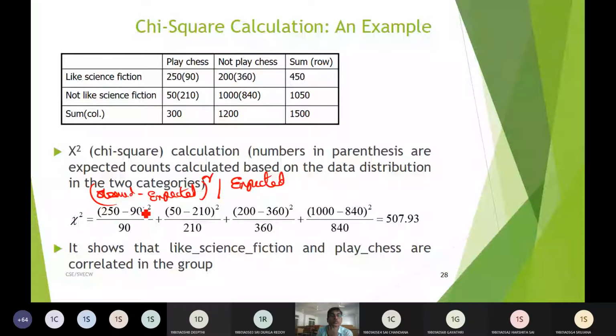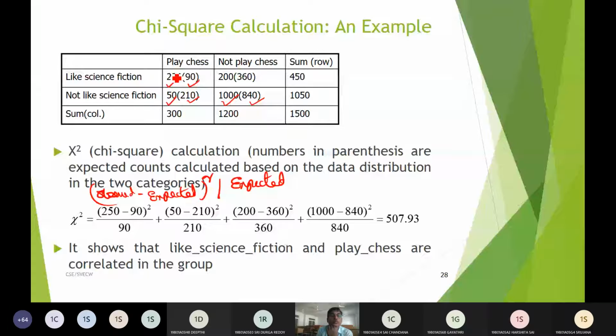Similarly, we are calculating this with 50 and 210 divided by 210. Then we will take 200 and 360 divided by this much. And similarly, the fourth one, 1000 minus 840 whole square divided by 840.